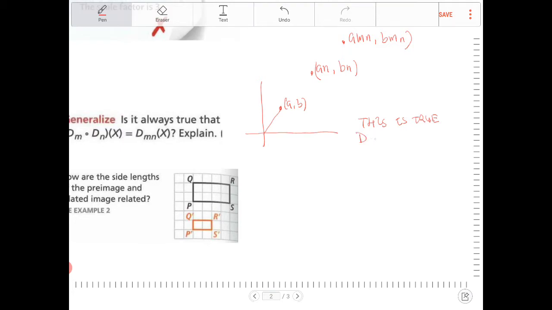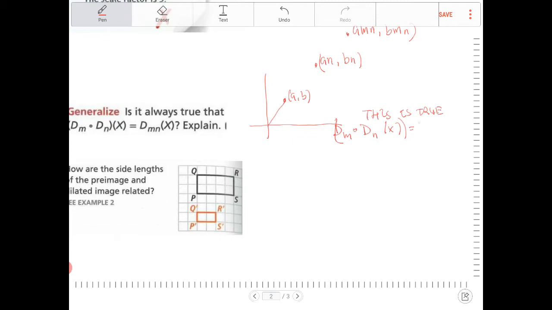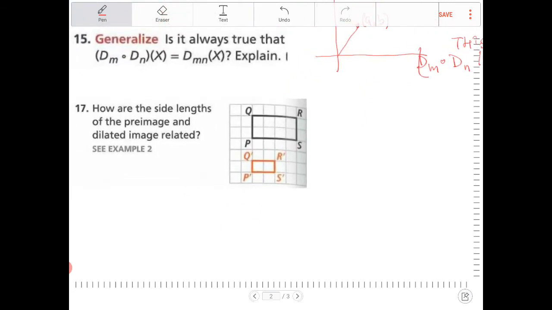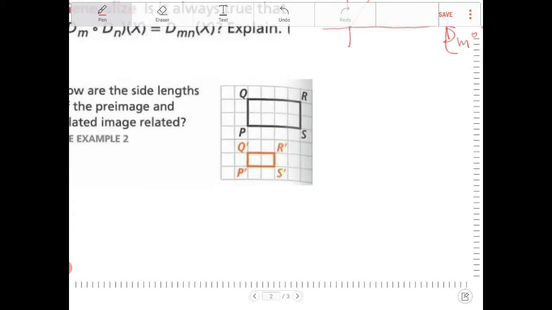If I'm dilating first by n of x and then dilating by m, this will be equivalent to the dilation of mn of x. How are the side lengths of the pre-image and dilated image related?